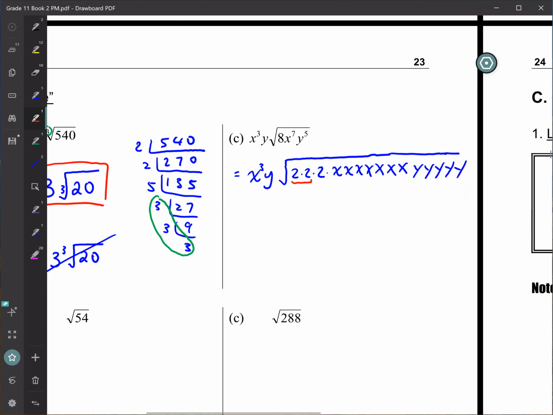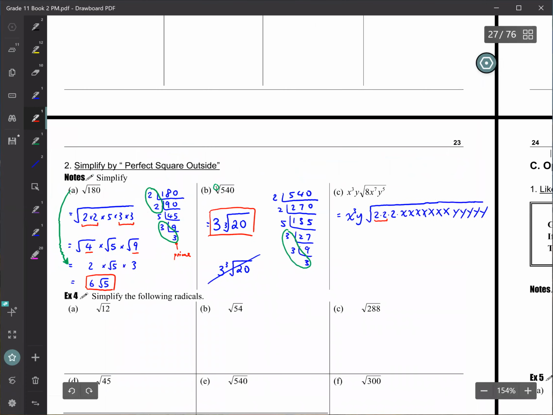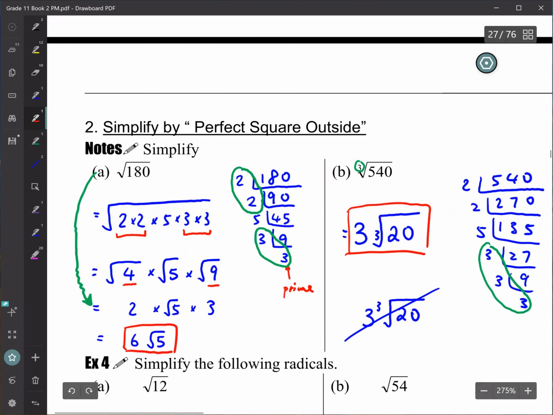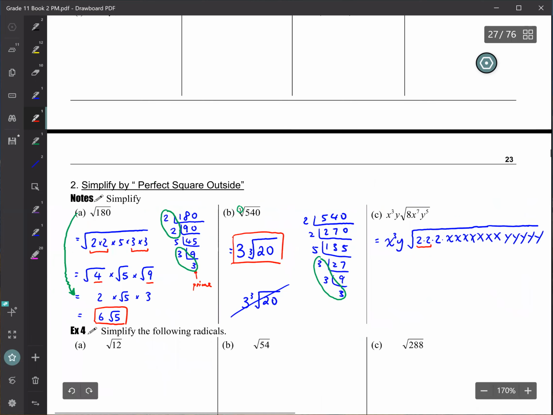You know what pairs mean? Yeah, like for the prime, for the factoring. Yeah, like for example, for question A, you have a pair of 2, a pair of 3, right? Pair means there are 2 things that are the same, okay? So 2 and 3 can go out for question A, right?